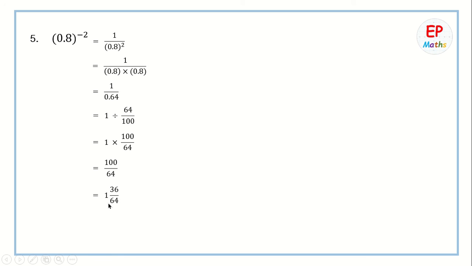So that will be 1 and 36 out of 64. But we can write 36 out of 64 in simplest form to get 1 and 9 out of 16. We look at the final example.